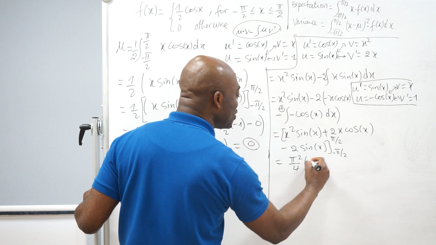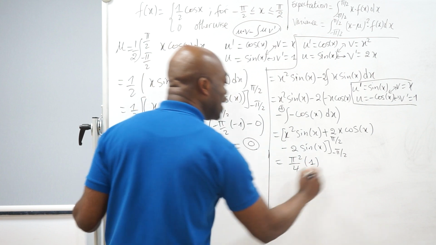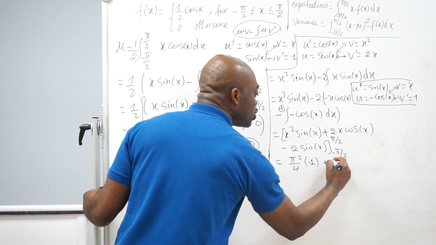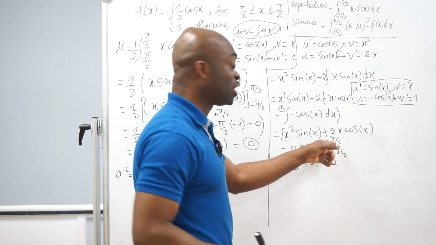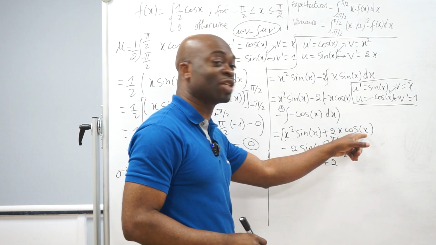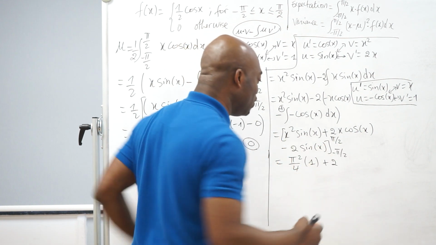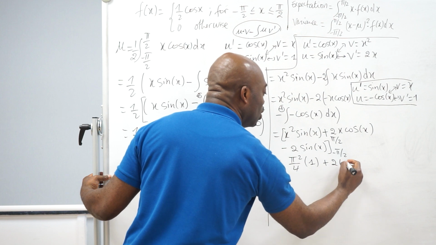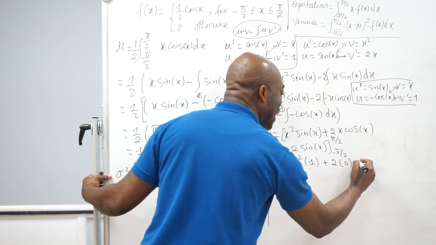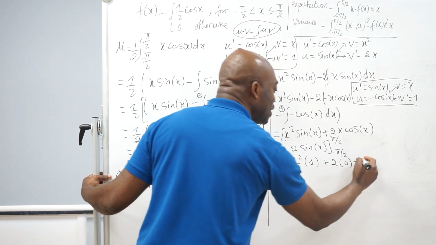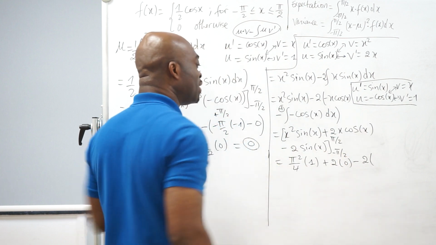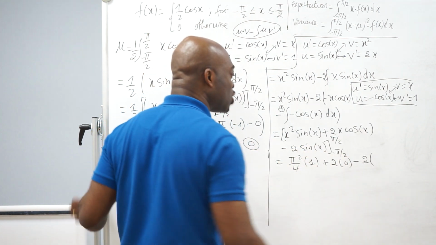It is 1. So just 1 here. Then plus 2 times x, which is pi over 2, but cosine of pi over 2 is 0. So just 0 there, all across. And then minus 2 here, times pi over 2 sine of pi over 2, which is also 1.